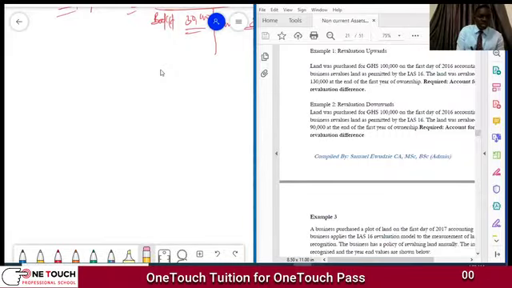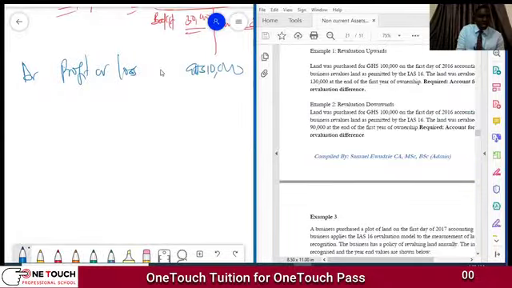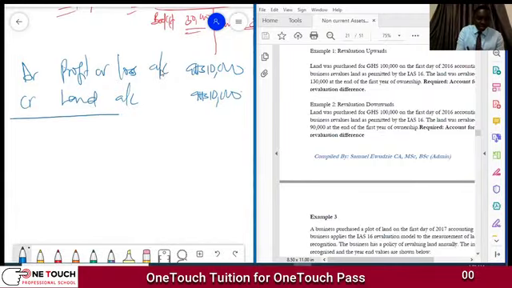So what you do here is debit profit and loss by 10,000 and credit the land account also by 10,000. If you are using a T account, this is how it will look.